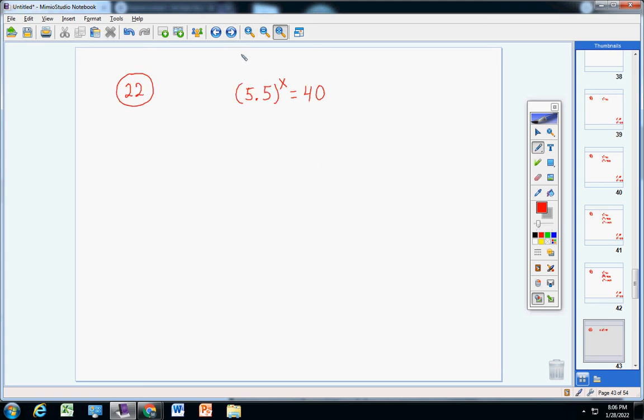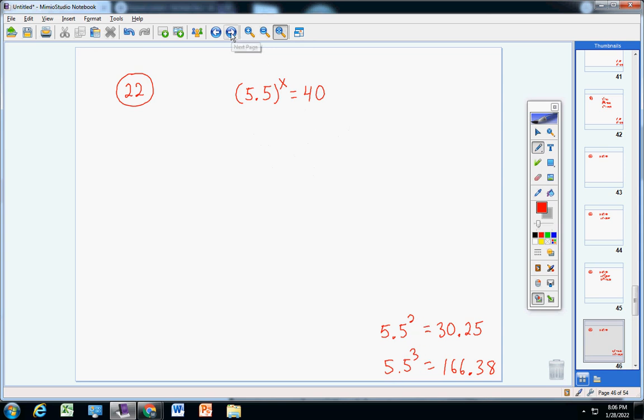Okay, all right. You cannot write both sides with the same base. So I had to use a calculator to estimate. And 5.5 squared is 30.25. 5.5 to the third power goes way up to 166. So 2 is not big enough, and 3 is too big. So your answer has to be between 2 and 3.